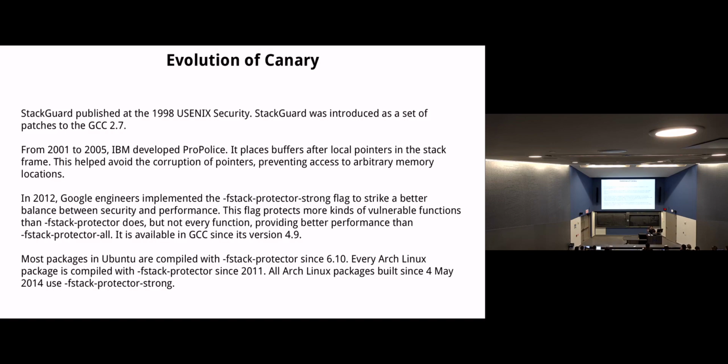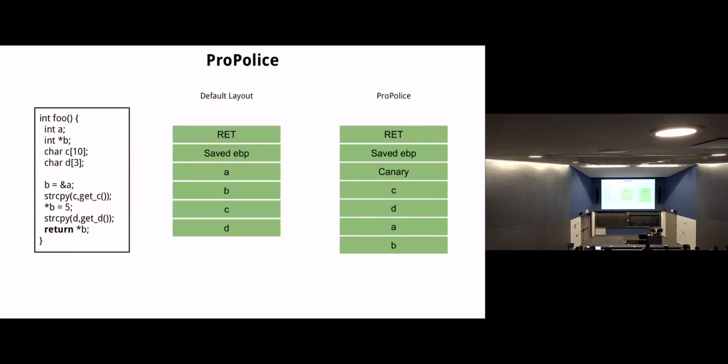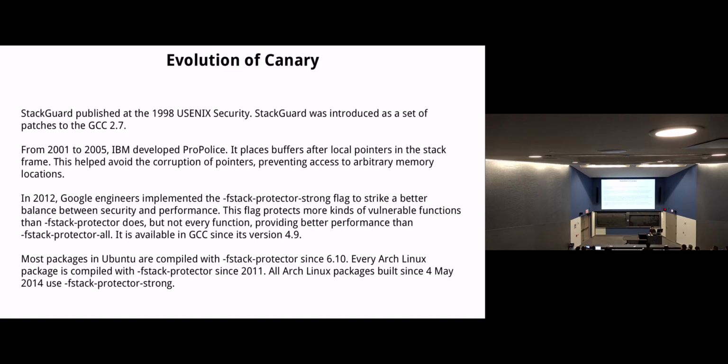In IBM's approach, it will place the buffer right below the stack canary, then the other local variables. So with a sequential overwrite, you don't have a chance to overwrite those variables. I will have some slides to show you how it works.